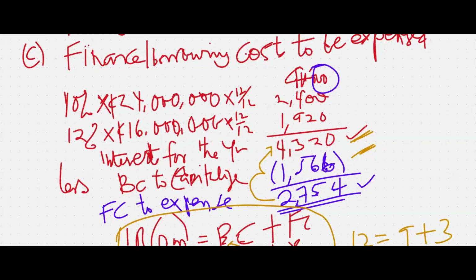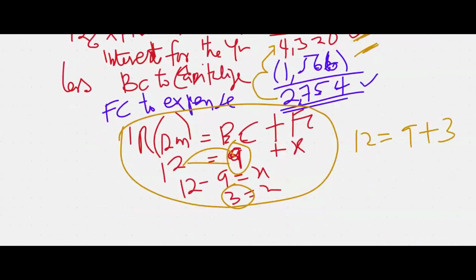Then we come to find the finance cost by subtracting the borrowing costs. That is what I was trying to explain at the bottom over here. I'm using green here. We have 12 months. If the borrowing cost is for 9 months, then for us to find the finance cost, we have to deduct the borrowing cost from the entire year, 12 months, to get the difference, which is the finance cost.